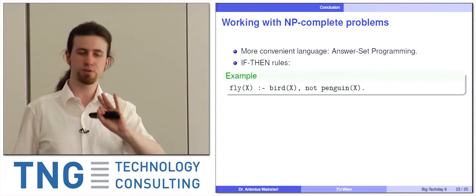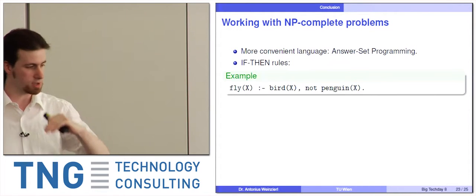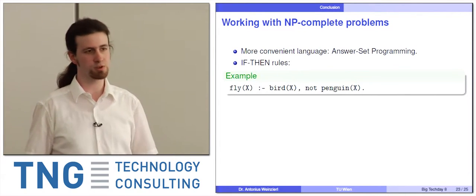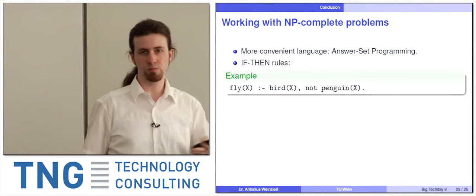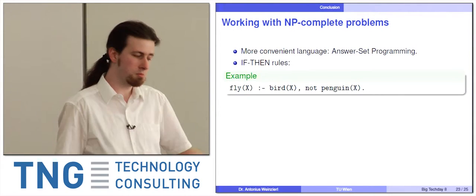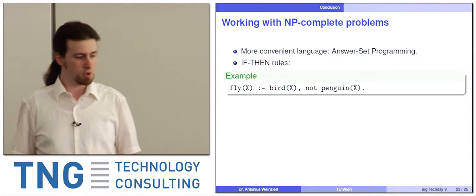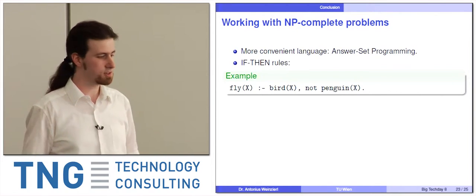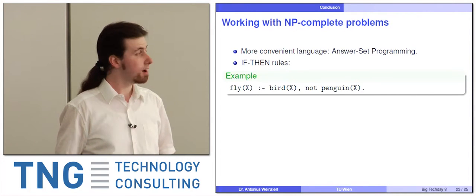Okay, so for the last parts I have shown you how you can solve SAT and NP-complete problems, because every NP-complete problem is translatable into SAT. So if you are really working with them, these clauses are rather inconvenient.